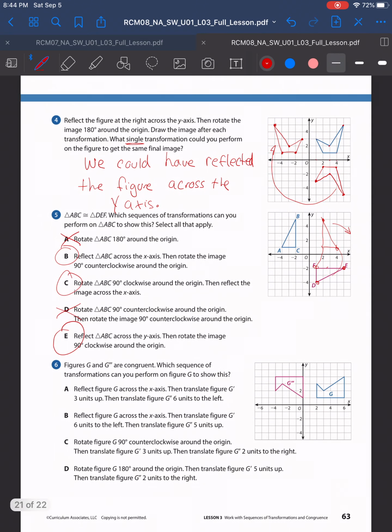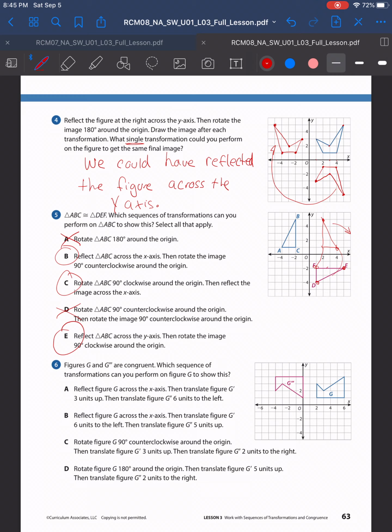Okay, number 6. Oh, we still have a lot. G and G triple prime are congruent. Which sequence of transformations can you perform to show this? Okay, only one of these will work. Can I reflect G across the x-axis, then translate it 3 units up?